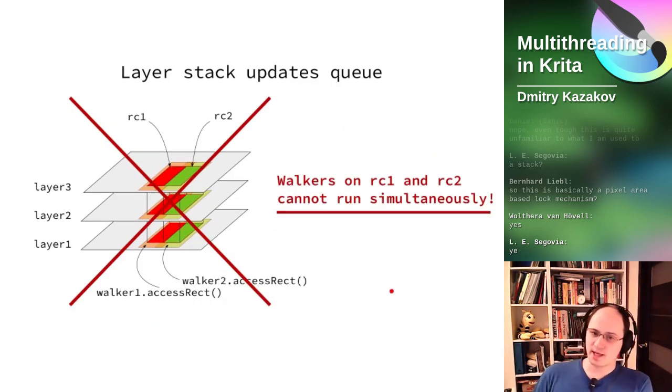Such updates are not allowed, and the scheduler does its best to not allow such updates to run in parallel. So one of the updates, probably Walker 2, will be postponed until Walker 1 finishes its execution.